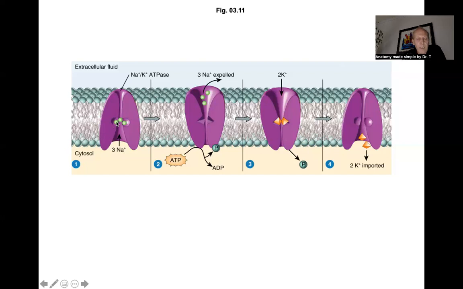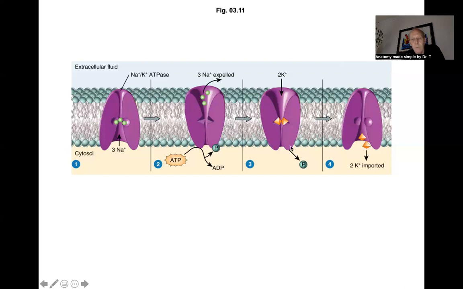For every 3 ions of sodium that are exported out of the cell, the same pump, the sodium-potassium pump, after it invested some energy using adenosine triphosphate and converting it into adenosine diphosphate by binding the phosphate group, basically brings an additional 2 potassium ions back into the cell.